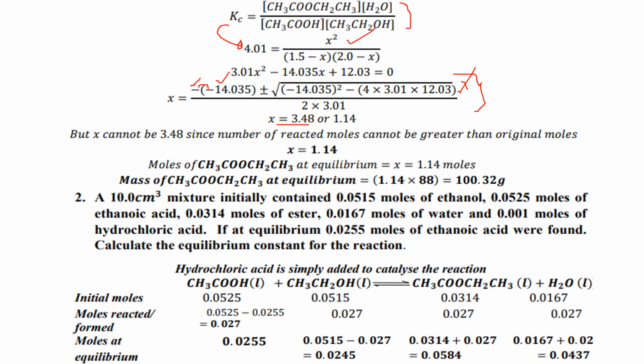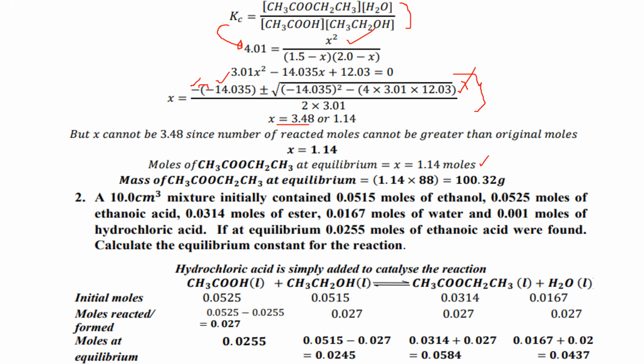That's improper. So concluding, we are going to say that the number of moles of ethanoate formed at equilibrium is equal to x, which is 1.14.